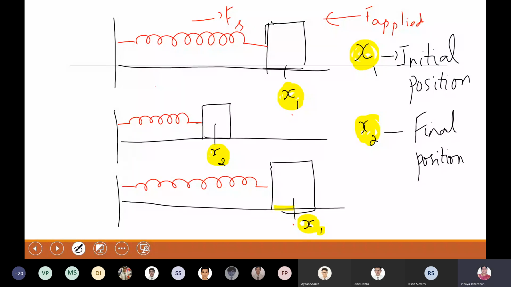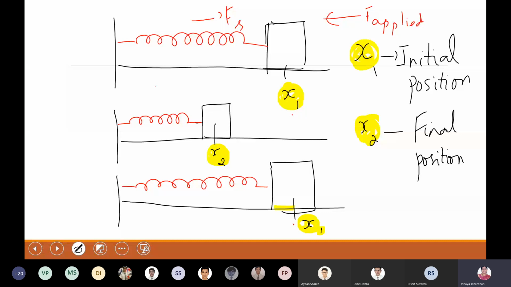I'm repeating this. The block which is attached to the spring initially was at position x1. You have applied a force. The moment you apply a force on the block, there will be a spring force acting in the opposite direction. Now the block has moved to the position x2. So whatever work you have done will be stored as energy in the spring at point x2.